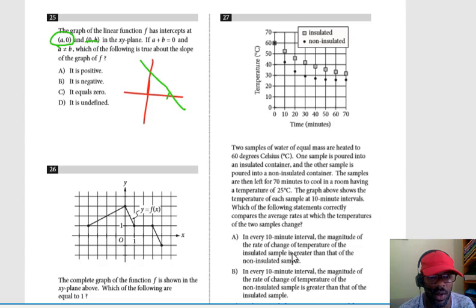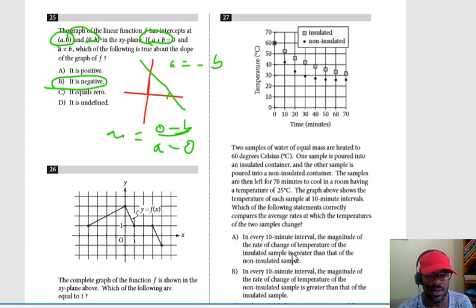If A and B are such that the sum is 0, it means they are equal in magnitude but opposite in sign. The question asks which of the following is true about the slope of the graph. The slope is obviously negative according to this graph. Or you can even determine the slope here: 0 minus b over a minus 0, so it's minus b over a, it's just negative.